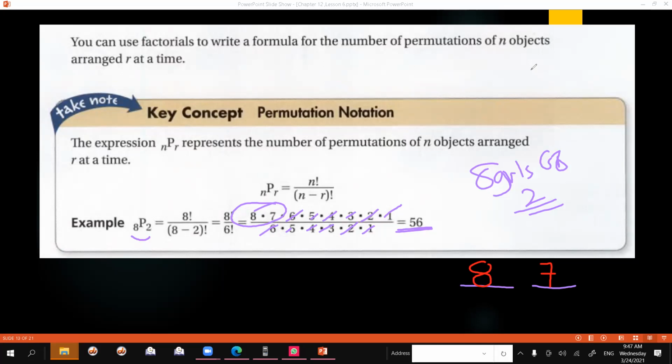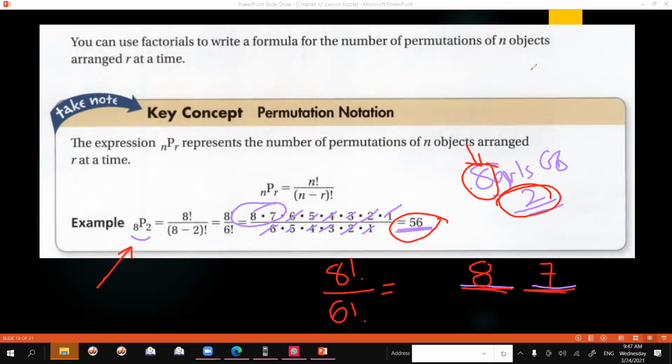So since I have to choose 2 girls, I put 2 blanks. Then I start counting down from number 8. That's 8 times 7. Or you can use the permutation notation: 8 factorial over 8 minus 2, which is 6 factorial, in order to get 56.